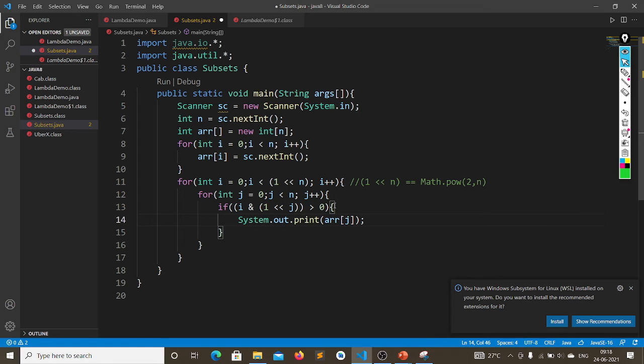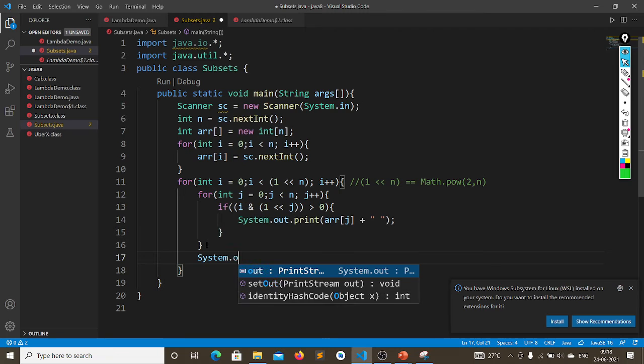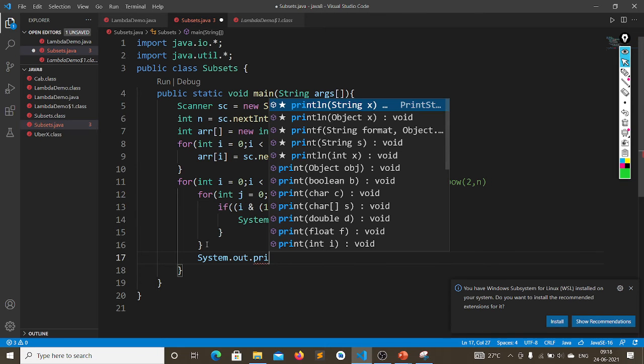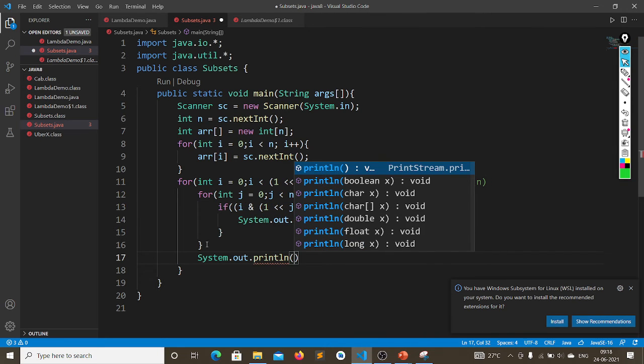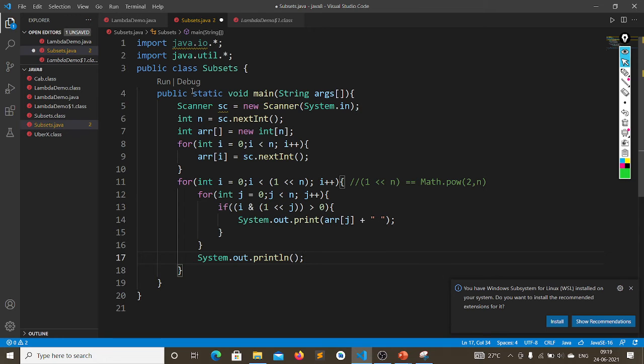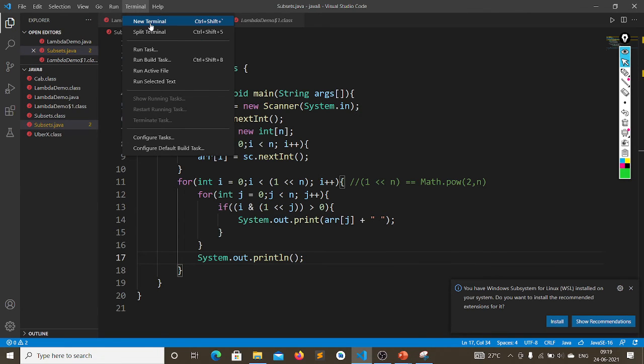Let's separate it with something like this. Now System.out, if I'm getting it on a new line, let's save this and compile.